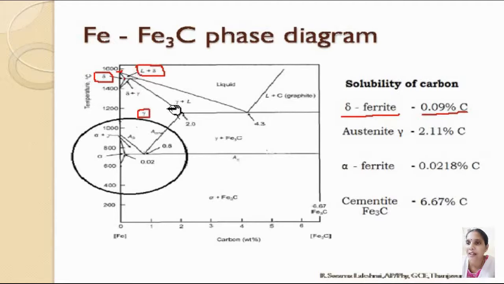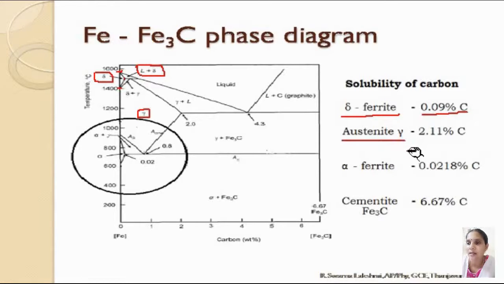That is, a peritectic reaction happens. That's why this line is known as peritectic line and the composition 0.2 weight% is known as the peritectic composition, corresponding to a temperature of 1493 degrees centigrade. At 1410 degrees centigrade, pure iron forms a FCC structure called austenite.